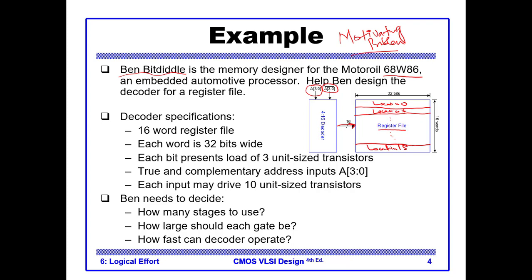This is basically what is called a 4 cross 16 decoder, 4 input lines and 16 output lines, and each of the 16 lines is responsible for selecting a location. Every location is 32 bits. Sometimes these locations are called words. So we have 16 words stored in this register file.